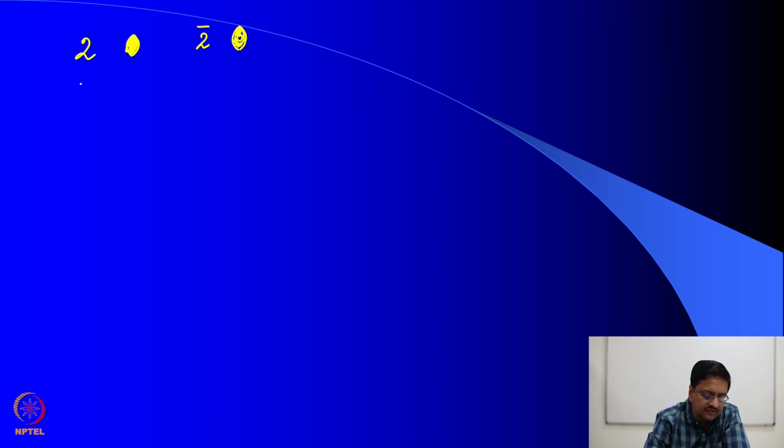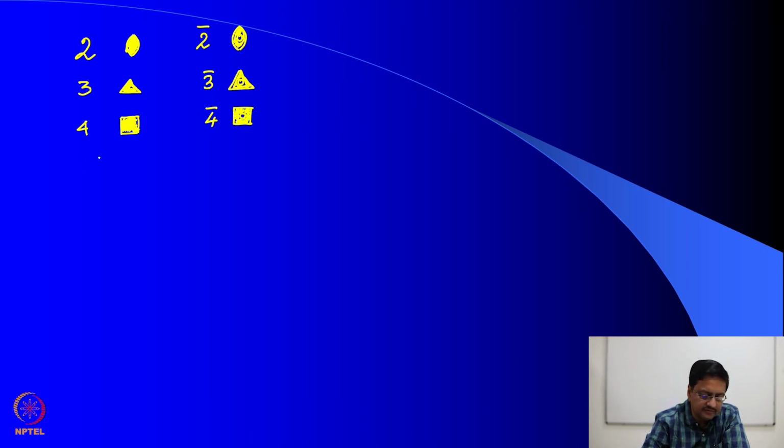Similarly, a three-fold axis is represented as a triangle, and 3 bar is represented as a triangle with a center circle. So, you can now easily understand that 4-fold should be represented as a square, and the corresponding 4 bar is supposed to be represented as a square with a circular hole in the middle.